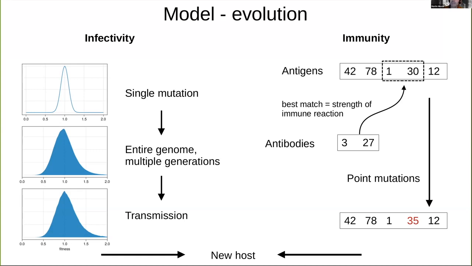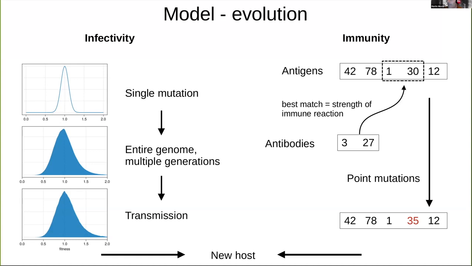And that again determines recovery rates. So both of these properties get transmitted. So if a new host gets infected by a virus population, it gets a copy of the infectivity and the set of antigens from the previous host.